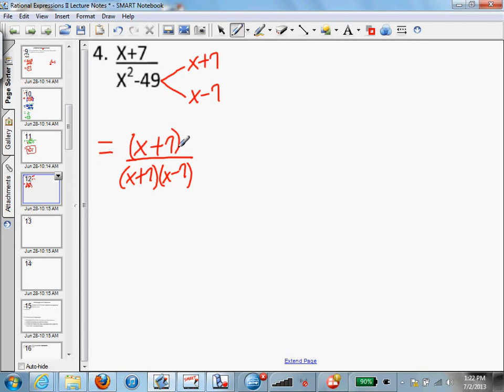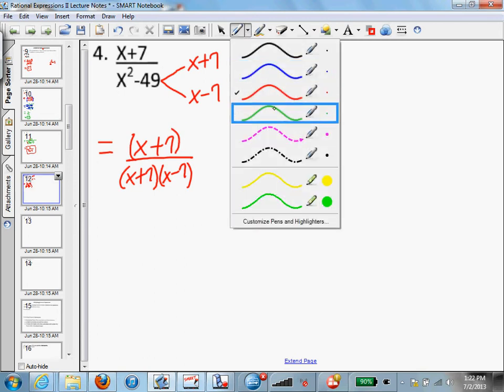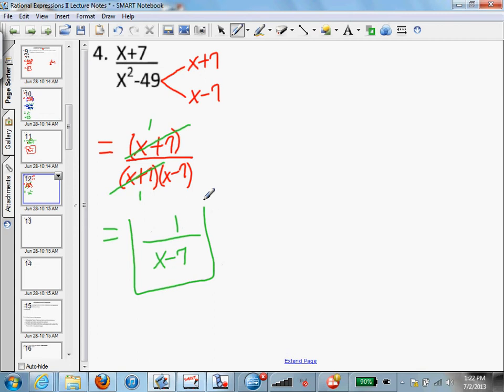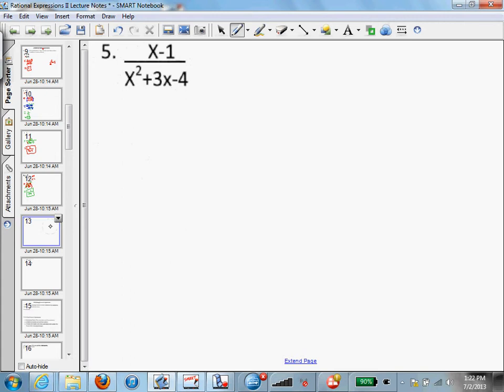I like to put each set term in a set of parentheses. Now we can note that there's an x plus 7 on top and an x plus 7 on bottom. So these cancel out, just leaving a 1 as a placeholder. So you are left with 1 over x minus 7 as the solution for simplifying that rational expression.